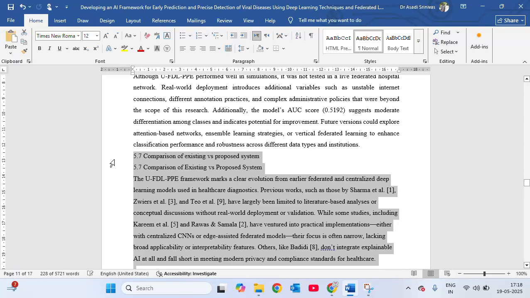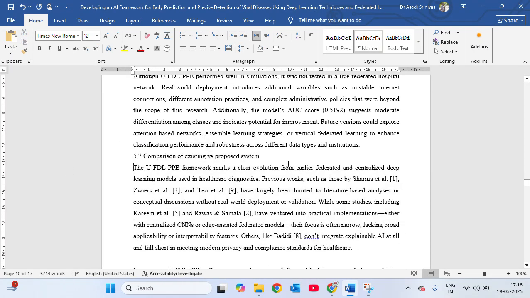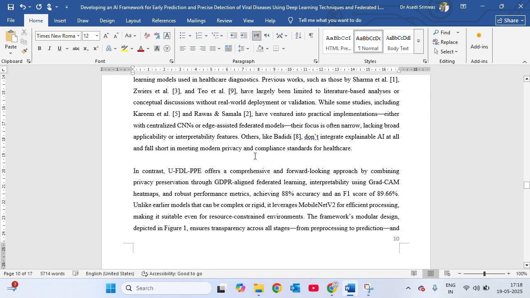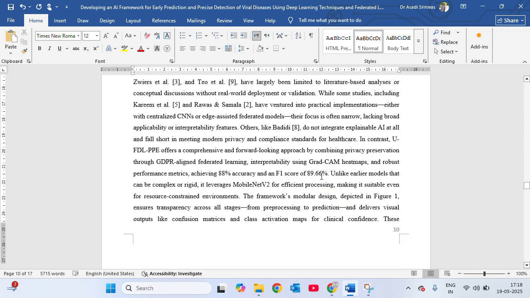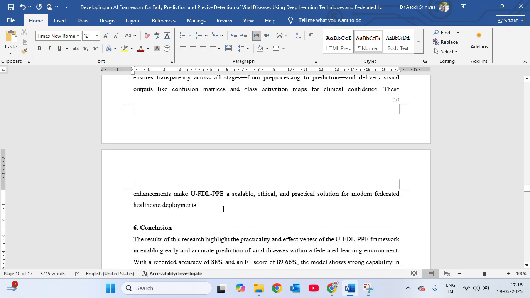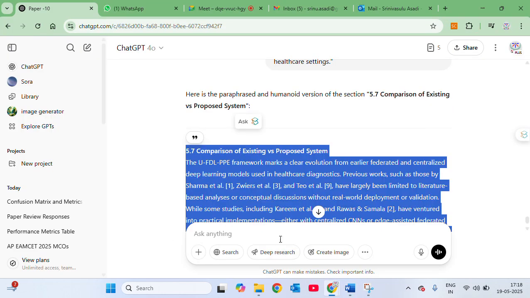How to prepare the table of data. See, a very interesting table I am preparing now. So I am asking now for the table of data. See, very interesting, very easy.